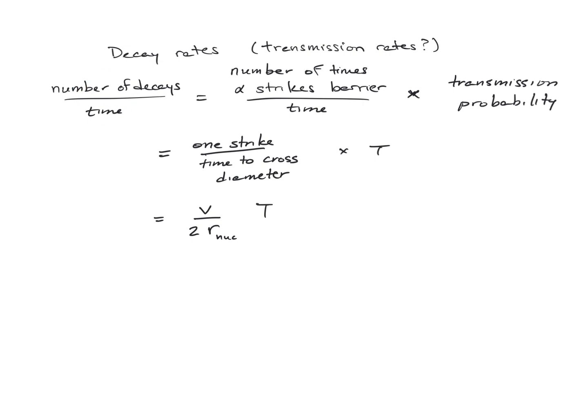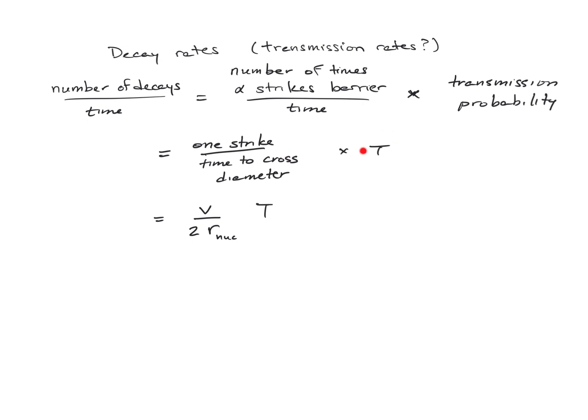So what we're looking at is how many times would an alpha particle strike the barrier, say every second, and what's the transmission probability? What's the probability that that strike results in the alpha particle tunneling through that potential energy barrier? So we could say one strike happens every time an alpha particle manages to cross the width of the nucleus.